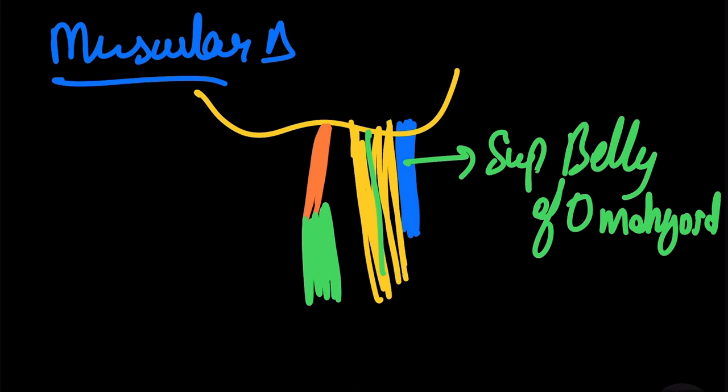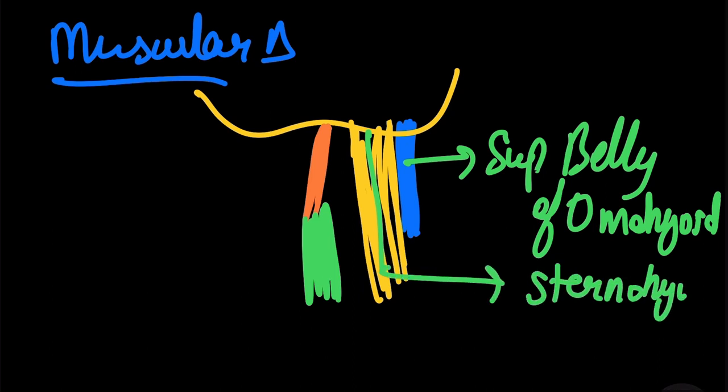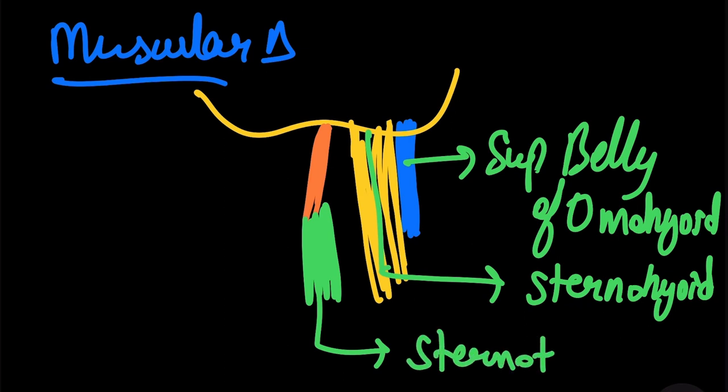This yellow part is our Sternothyroid. Then this is our Sternothyroid, and this one is our Thyrohyoid.